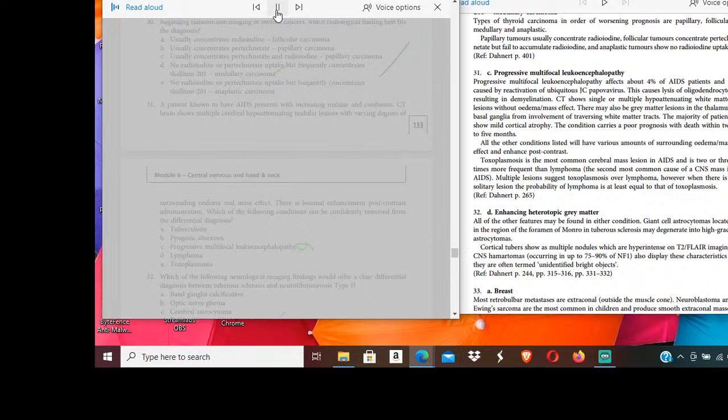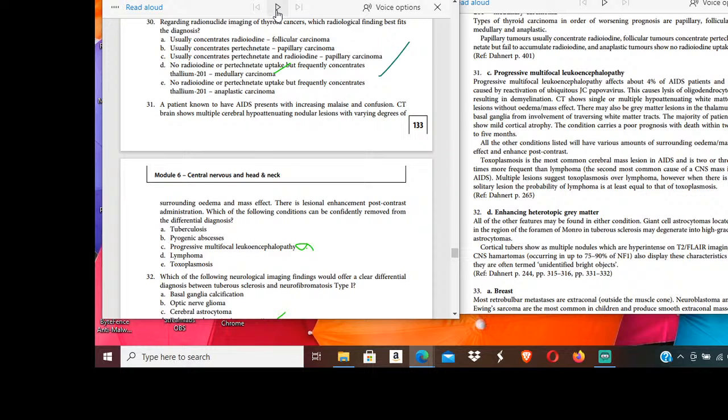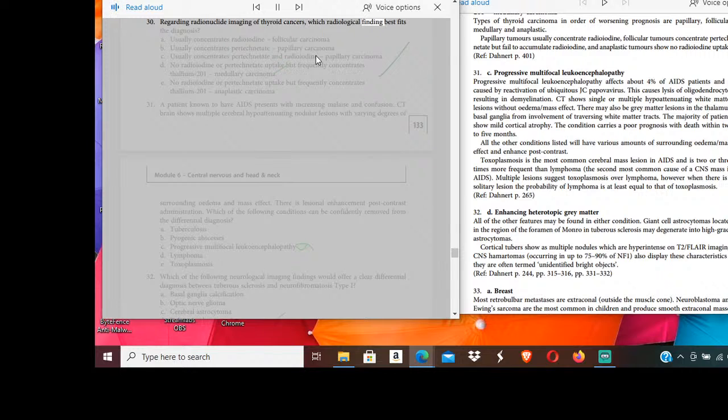(30) Regarding radionuclide imaging of thyroid cancers, which radiological finding best fits the diagnosis?